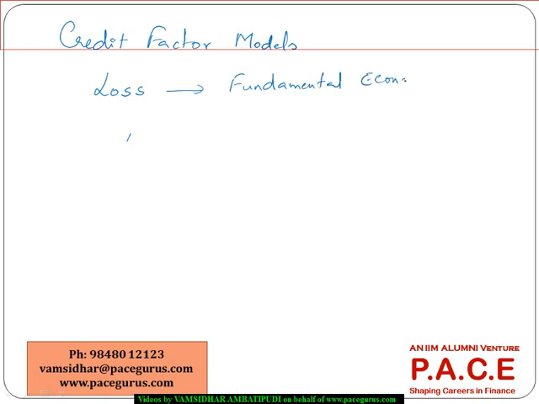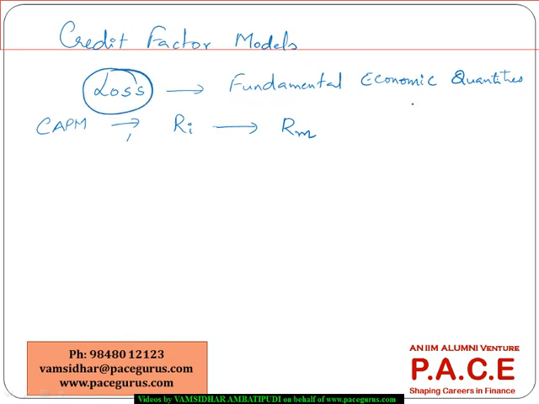So there is a linkage between the losses across the various periods and some economic variables. Just like your CAPM model is used to link the return on an asset with the return on the market, similarly here the credit loss is linked with some fundamental economic quantities.